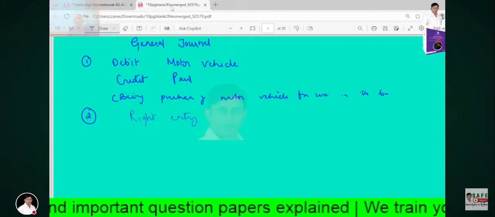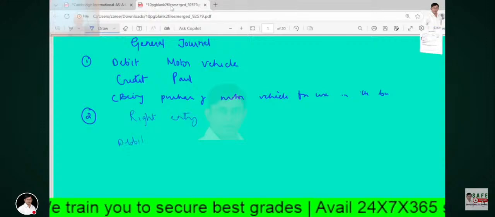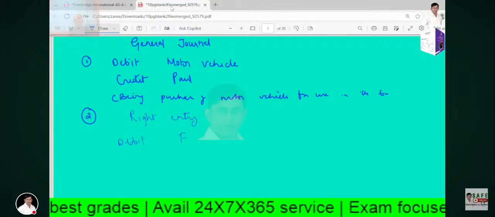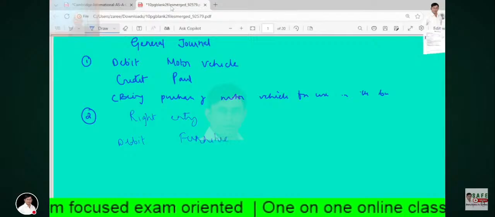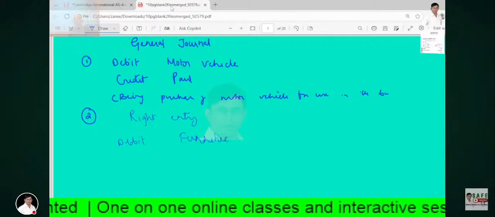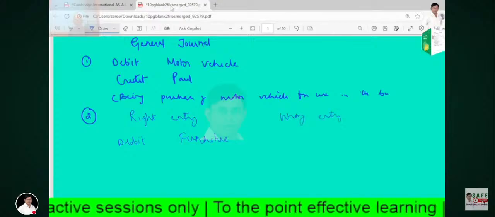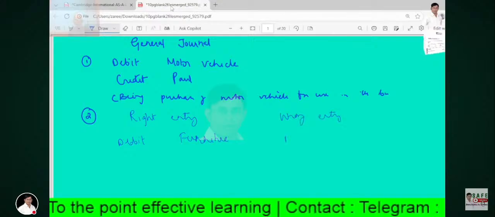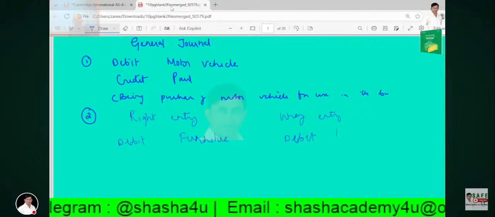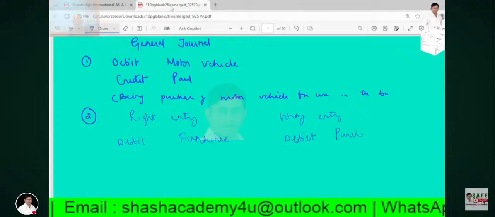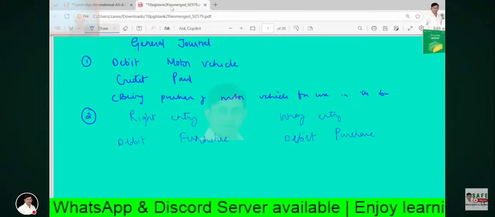The right entry is debit furniture. What is the wrong entry? The wrong entry is debit purchase. So the right entry is debit furniture and the wrong entry is debit purchase.